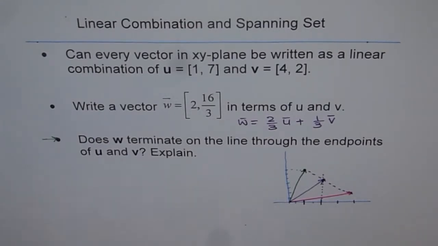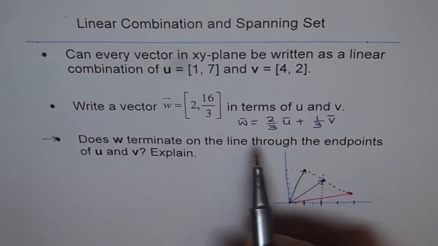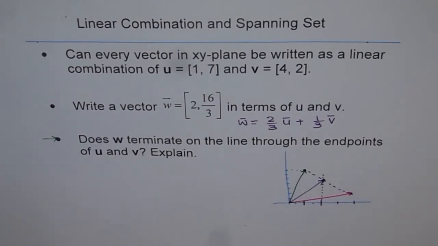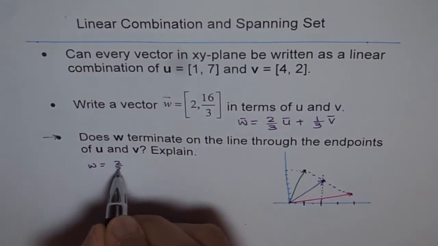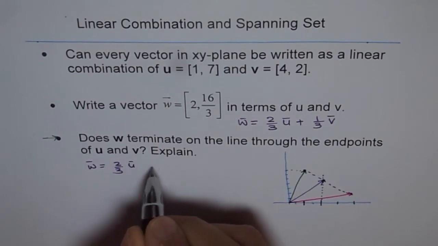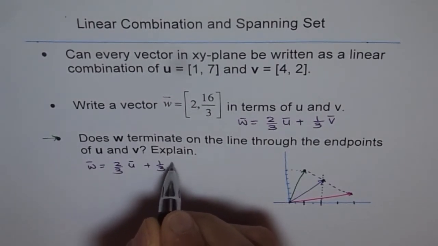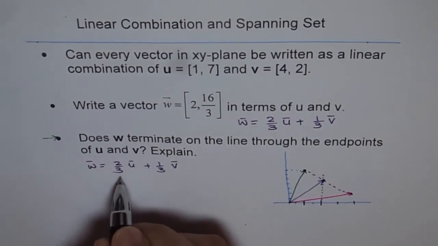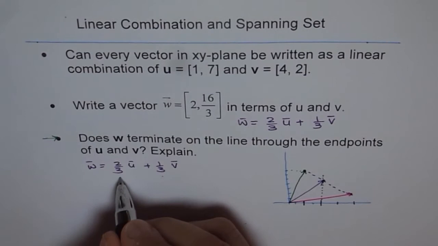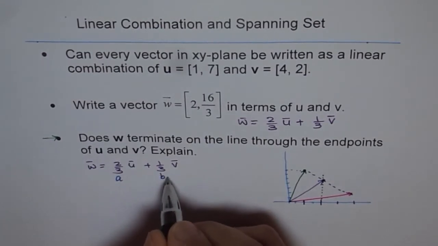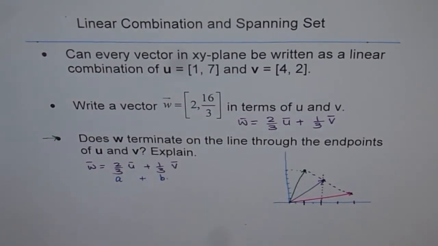Now the interesting part here is that w equals 2/3 u plus 1/3 v. Now if you add these terms, where this number is a and this is b, what do you get?